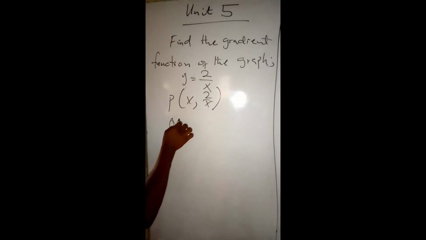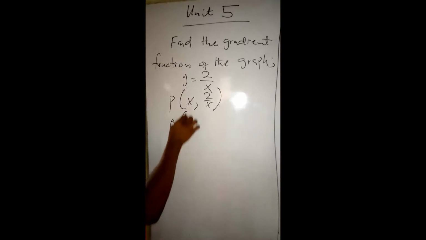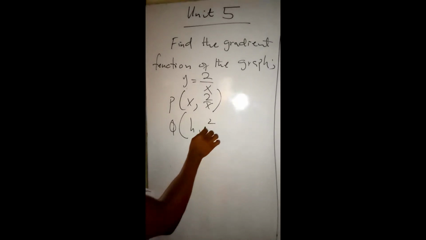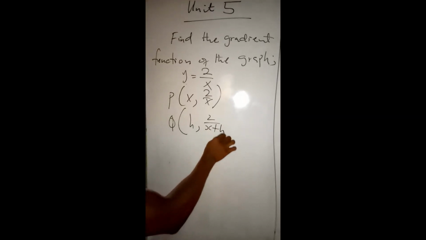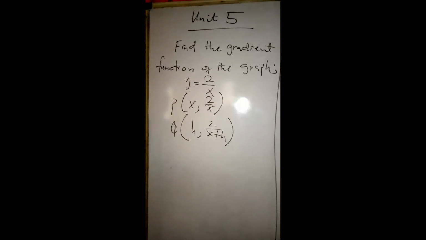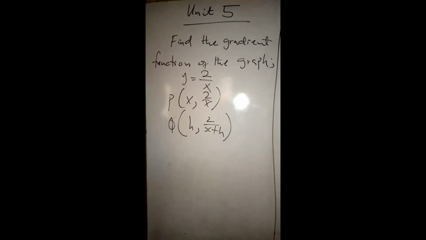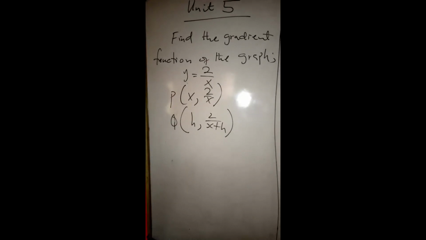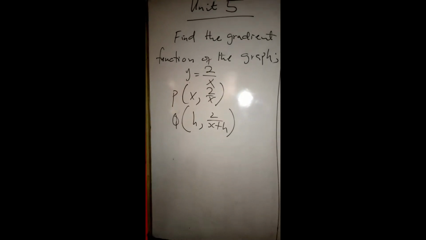Now the coordinate for Q will now be x plus h and 2 all over x plus h. So if you have gotten this process, then you are on the course of trashing any differentiation that will come your way.